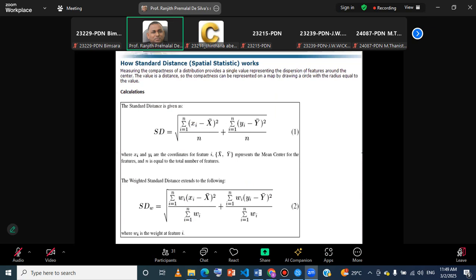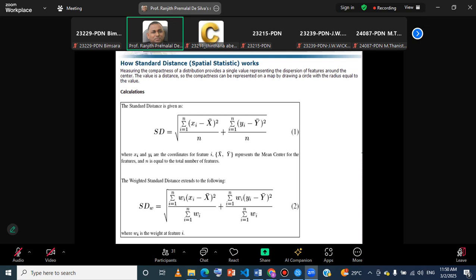And the underlying theoretical concept is that standard distance is given by the sum of xi minus x bar squared divided by n, plus the sum of yi minus y bar squared divided by n. So x bar and y bar are the coordinates of the mean center. So for each observation, you subtract the mean, square it, and add it together.